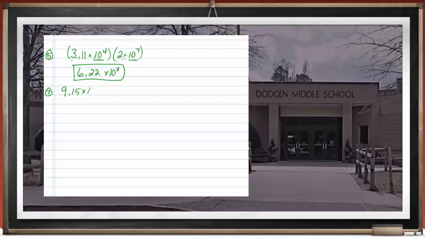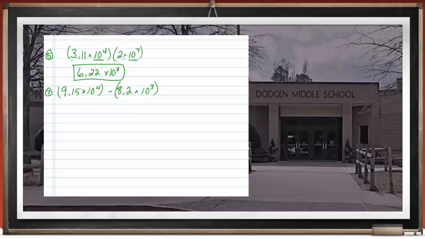Number 7. Number 7 says 9.15 times 10 to the 4th minus 8.2 times 10 to the 3rd. Now, we talked about in class that in order to subtract with scientific notation, our base 10s need to have the same power.